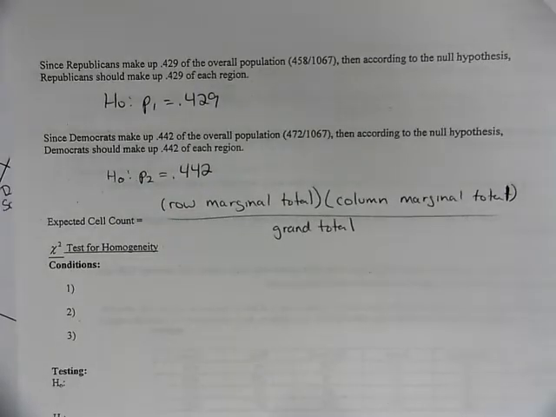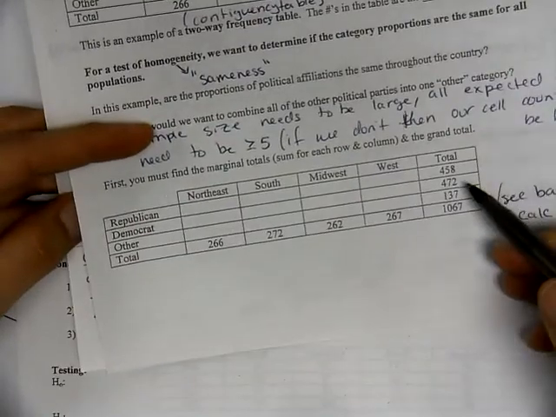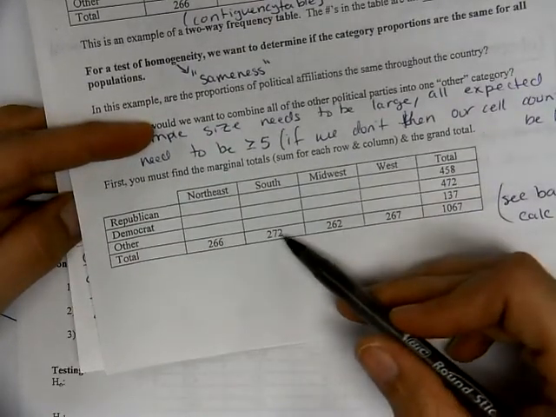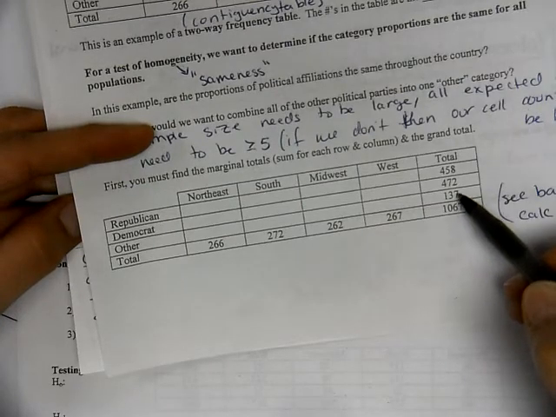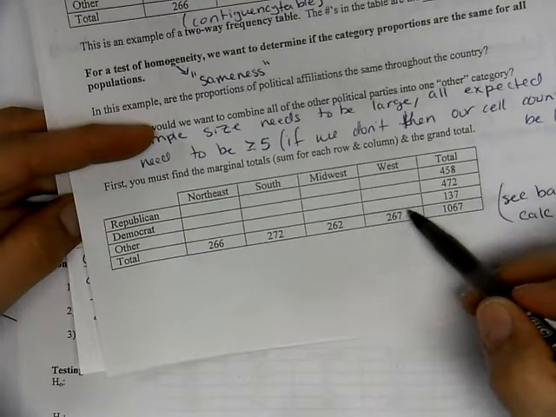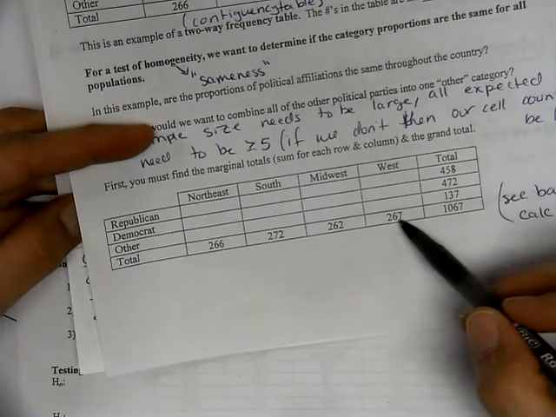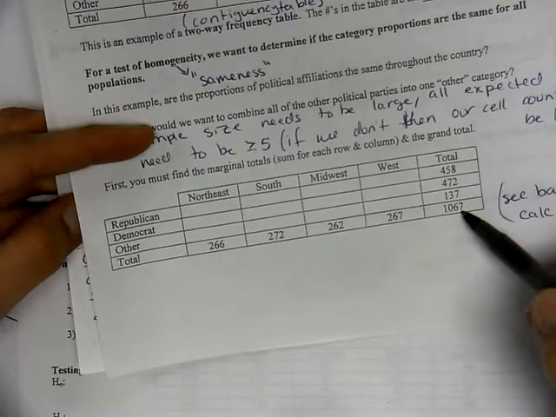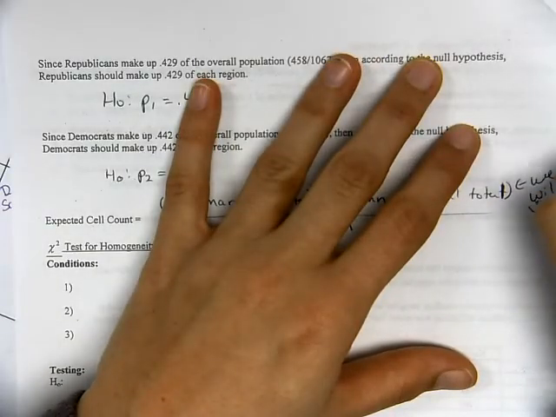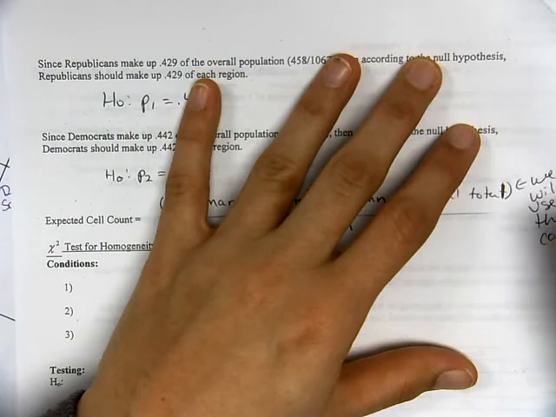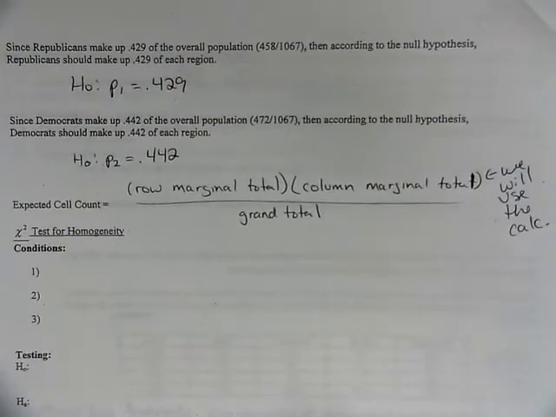So there's a reason on a lot of these two-way tables they have the totals, because all they're doing is taking like 472 times 272 divided by this. And to get this one, they would take 137 times 267 divided by this. We will use the calculator to find each expected value. Okay, so we're going to use some matrices today.